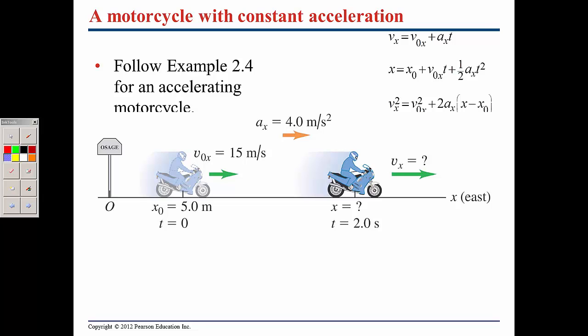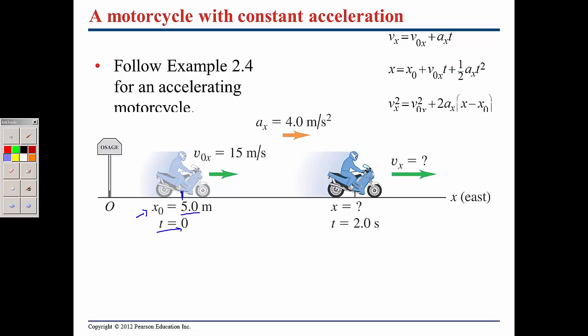So let's take a look at using one of these equations. Now, in solving one of these problems, the first thing you want to do is say, what do I know and what don't I know? So here we are, we're looking at a motorcycle rider, and we know that the initial position is going to be 5 meters, and we know that the initial time is going to be equal to 0.